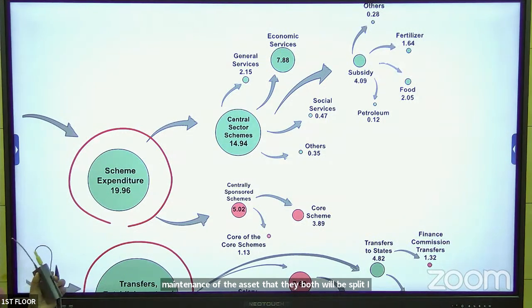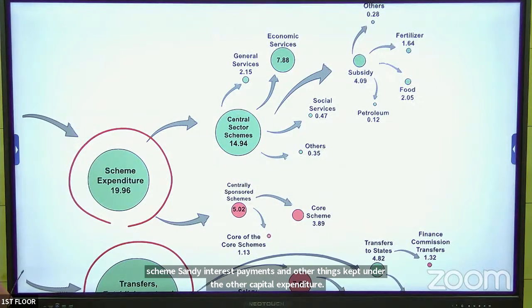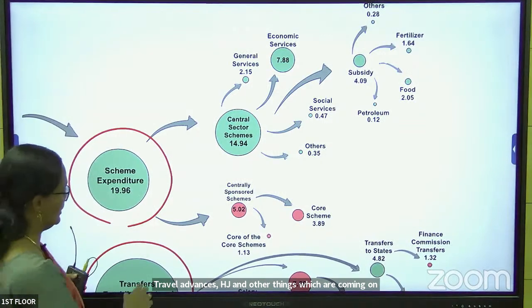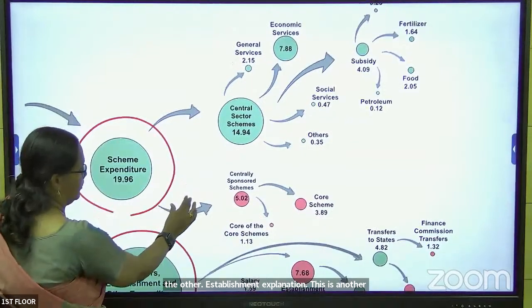I think you should take this also in such a way that the subsidies are being placed under the central sector schemes, and the interest payments and other things are kept under the other central expenditure. Under the establishment expenditure, they give you the salary, pension, travel advances, HRA, and other things. This is a term which we have to understand from the budget. This is another cross-cutting layer which the government wants to present other than what we have studied.